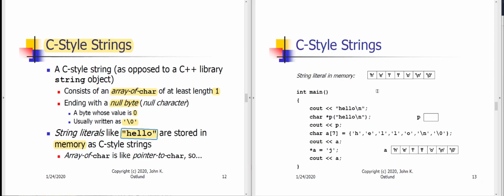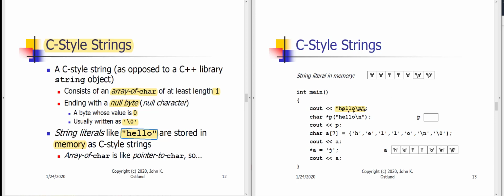So, here on slide 13 is an example. In this program, we have a string literal, hello, new line. That occupies 7 characters, 7 chars, 7 bytes worth of memory. H-E-L-L-O, new line, and then the null character that the compiler automatically adds.